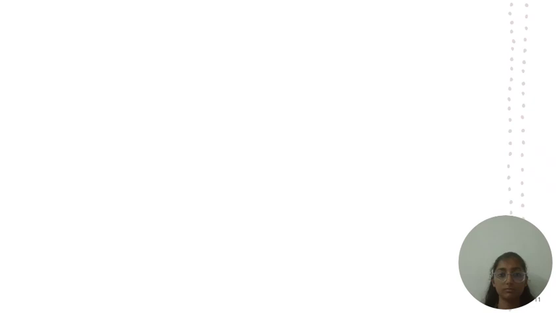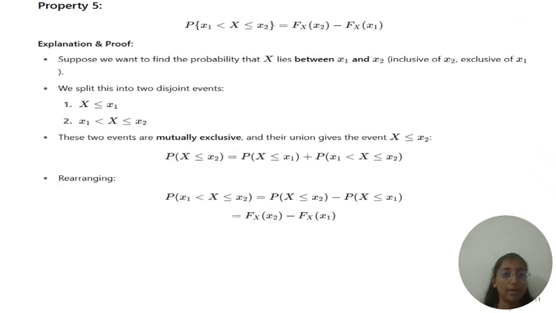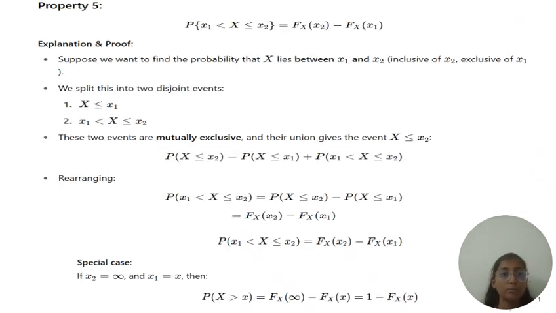Coming to property 5, it says that P of x1 less than capital X less than or equal to x2 can be written as F_X of x2 minus F_X of x1. Let us see the explanation and proof. Suppose we want to find the probability that capital X lies between x1 and x2, inclusive of x2, exclusive of x1.